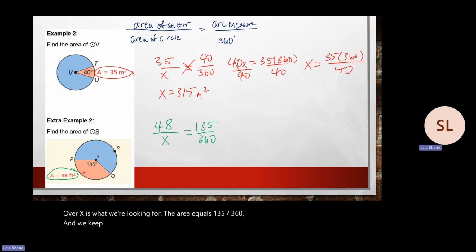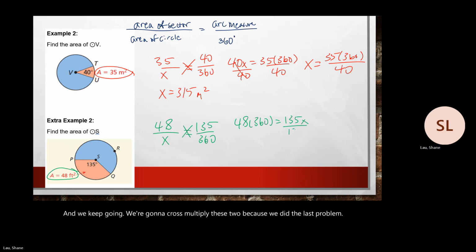We're going to cross multiply these two, just like we did in the last problem. We get 48 times 360 equals 135x. Divide out the 135, divide out the 5. x is going to be equal to 48 times 360.